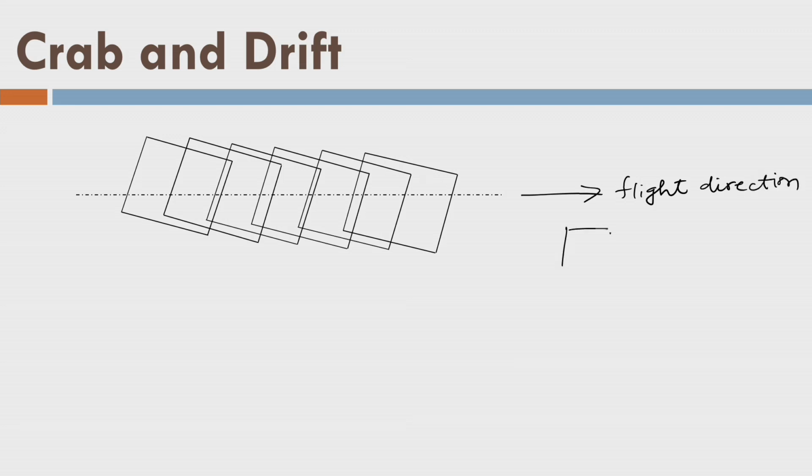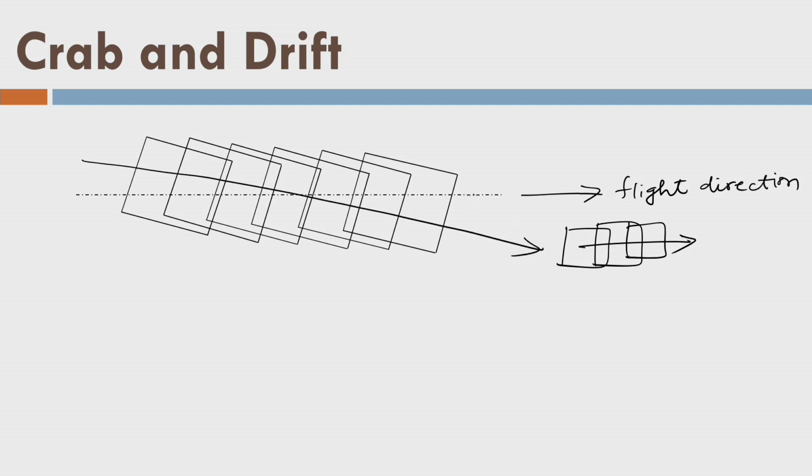Ideally, it should be like this, the way we have said in the previous slides, but it is happening that way. So, this line if I draw, and this line is in flight direction, this angle is called the crab, or this effect is called the crab effect.